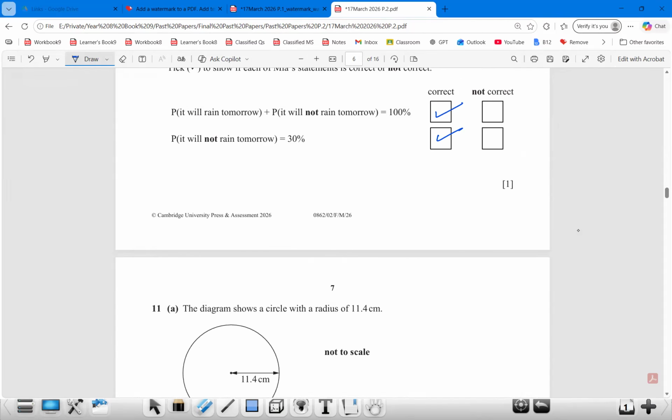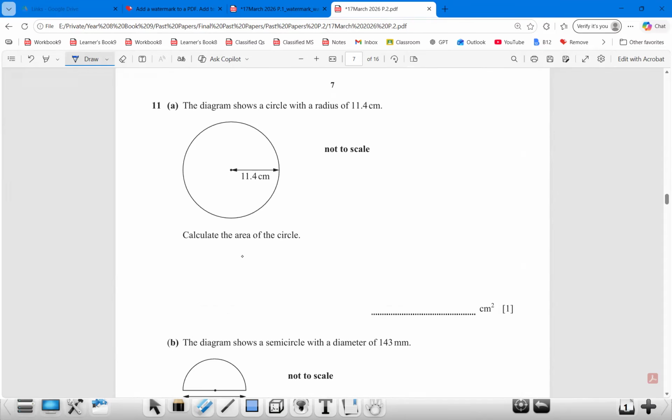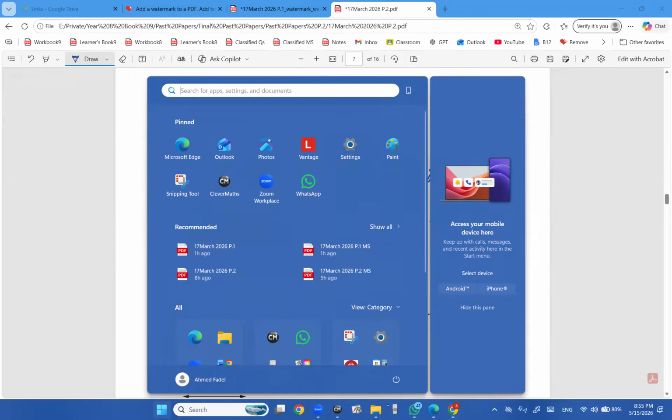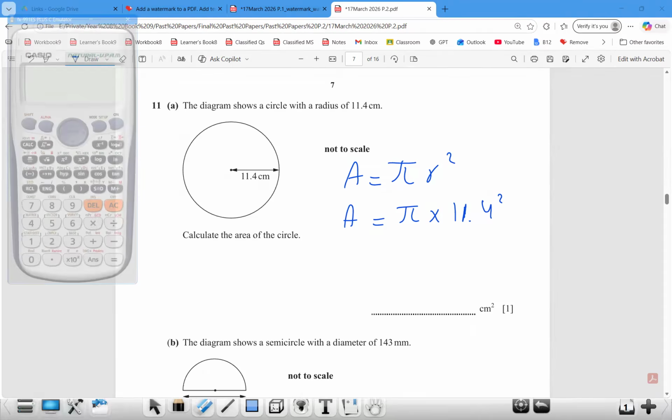30% is also correct. They wanted the area of the circle, and we should write the area equals pi r squared. So on your calculator, you need to find pi multiplied by 11.4 squared. Use the calculator for that. Here you go.